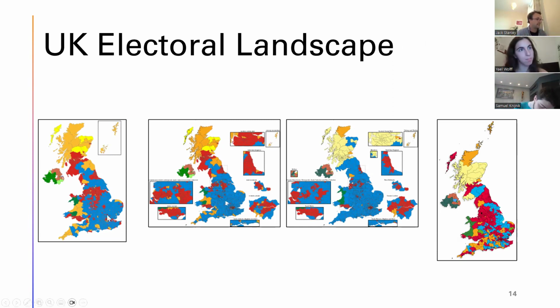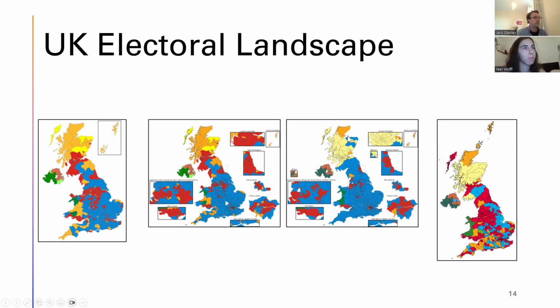So on the left-hand side, whilst most of the country is blue for the Conservatives, this was the last Labour majority under Tony Blair in 2005, and it was a very, very large majority. This second graph is 2010, where the Conservative Party, who have ruled since then, were in coalition with the Liberal Democrats after the 2008 crash. The third graph is the state of play after the last general election in 2019.